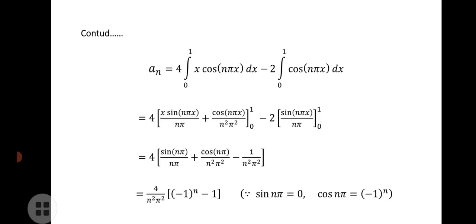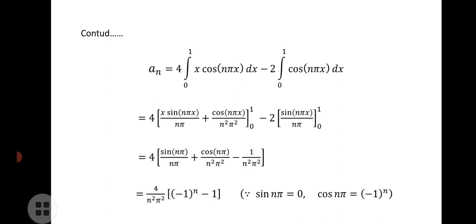The first term of a n is solved using Bernoulli's rule. So a n is equal to 4 integral 0 to 1 x cos n pi x dx minus 2 times integral 0 to 1 cos n pi x dx.